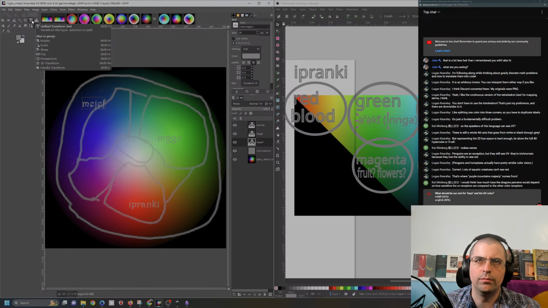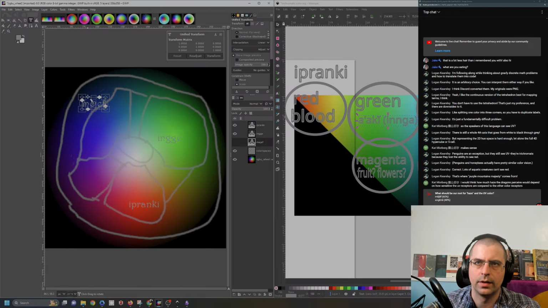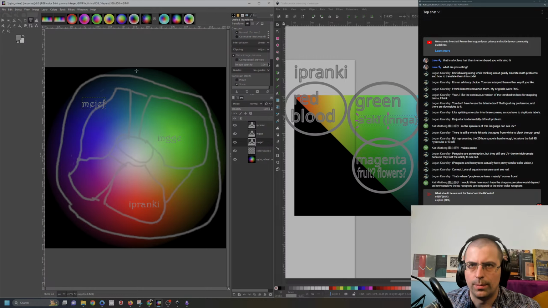Where is the uniform transform tool? I just want to move this. Right. So midgif. So here we have that. Now, blue and magenta and anti-UV.